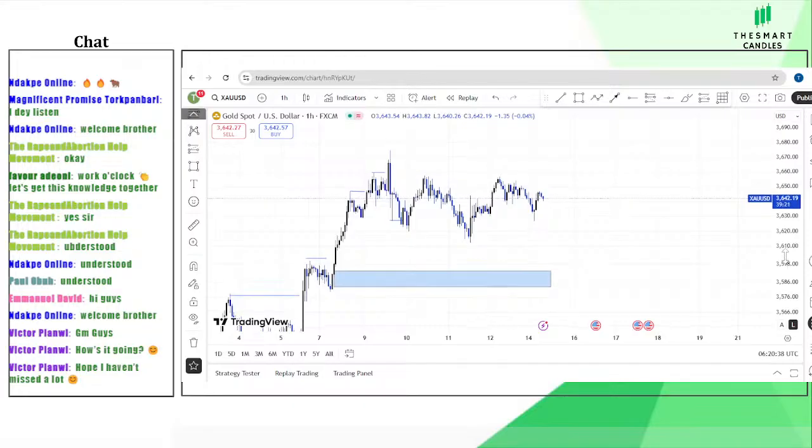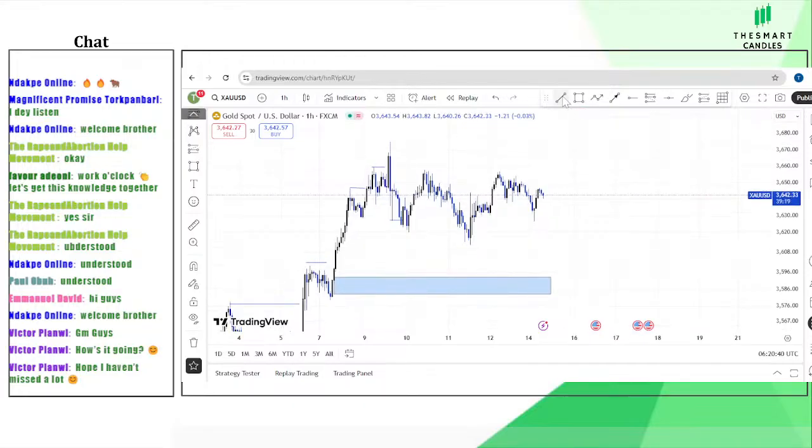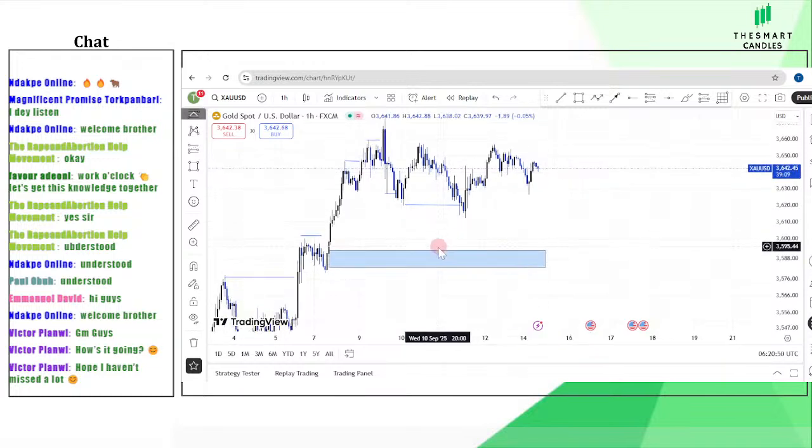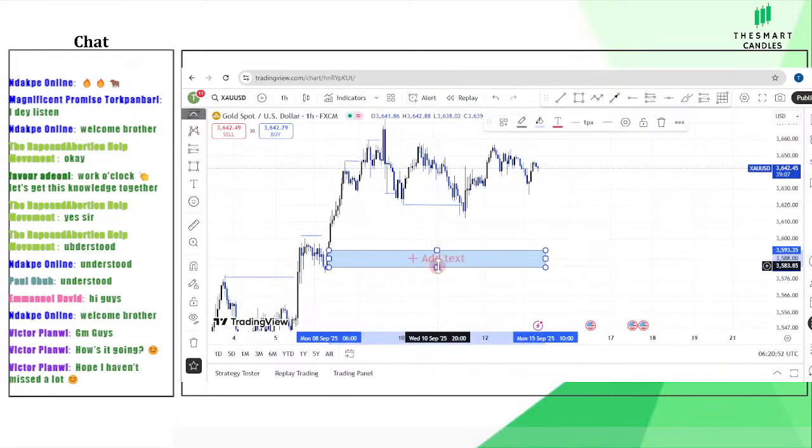So what was our bias on gold now? Looking at this one, we have another break of structure at this point. There's another break of structure here, and we have this current zone we want to actually take our trade from.